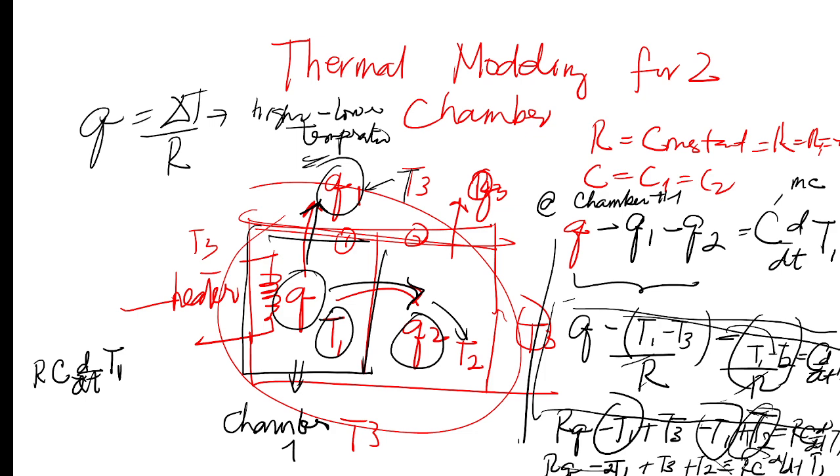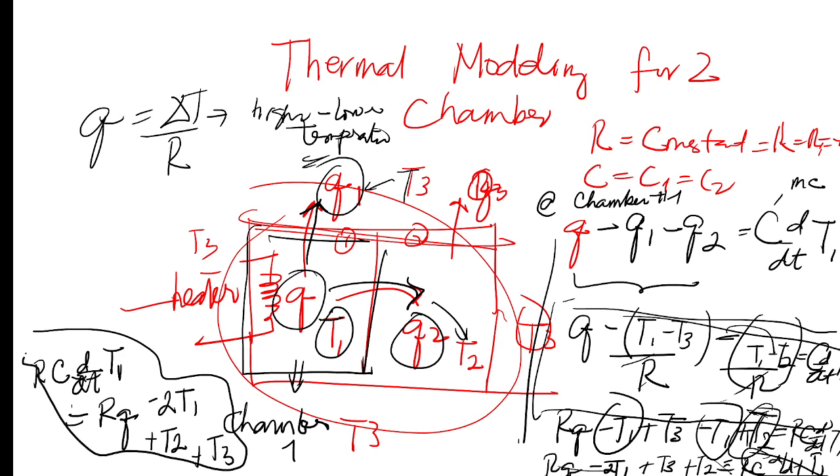right here. And then here is what? Equals R, then Q, minus 2T1, then plus T2, then plus T3. So this is our equation now, right?